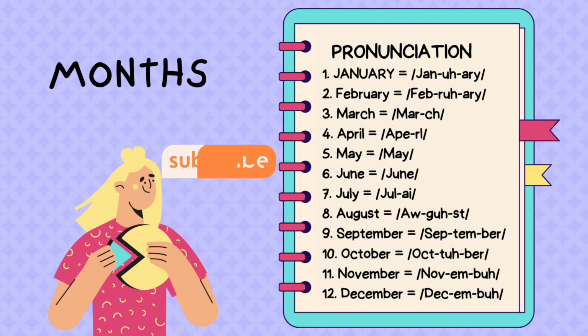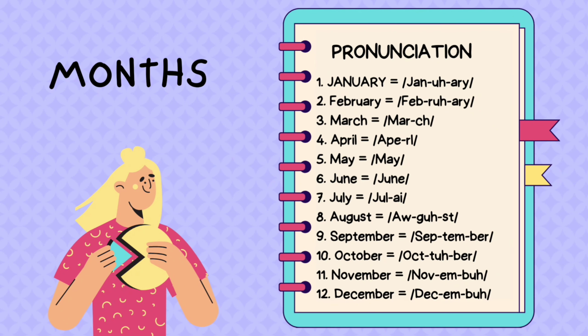Please pronounce: first one January, second one February, third March, fourth April, fifth May, sixth June, seventh July, 8th August, 9th September, 10th October, 11th November, 12th December.